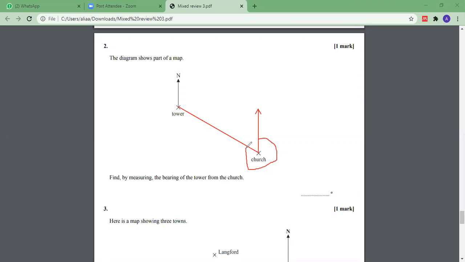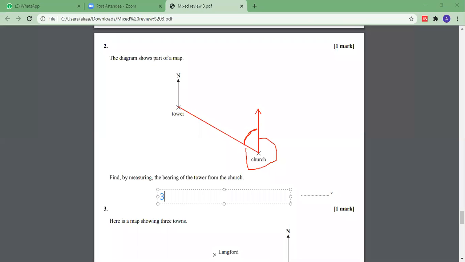How am I going to know this angle with the protractor? I need to get this angle first, and then I will subtract it from 360. I don't have a protractor now, so I guess you can measure it, but you have to do a main step.